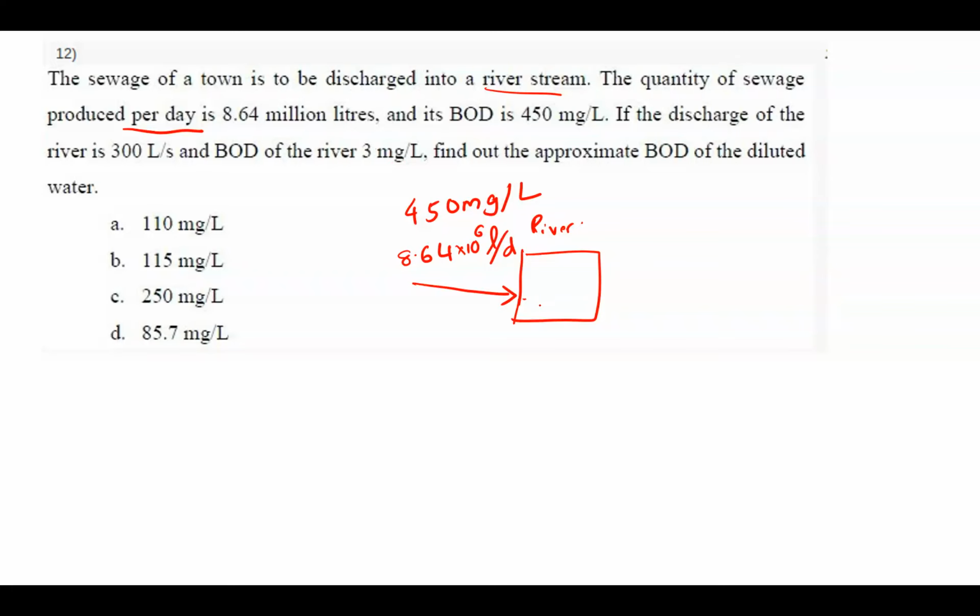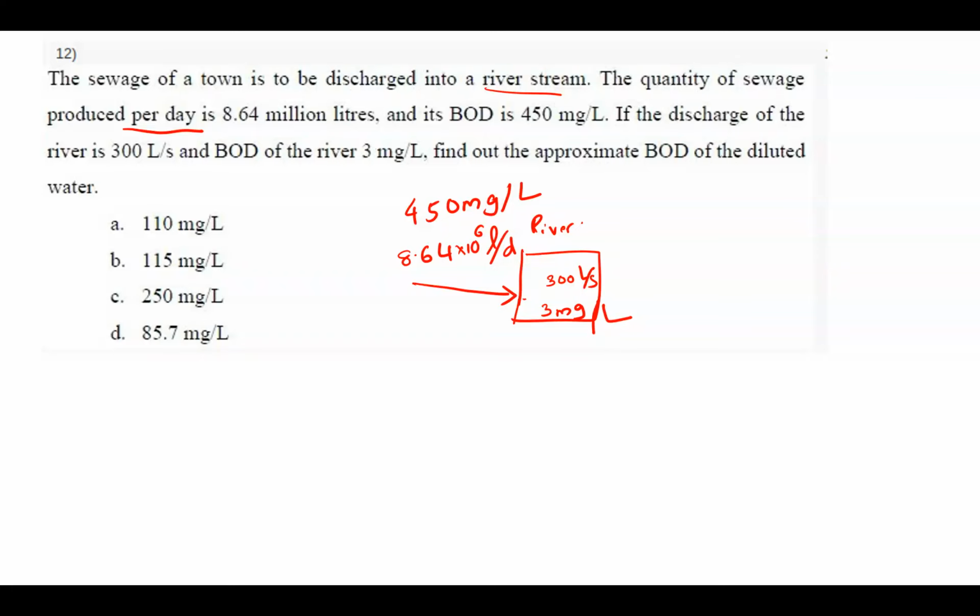So when this comes and mixes with the river, we find the approximate BOD of the diluted water.